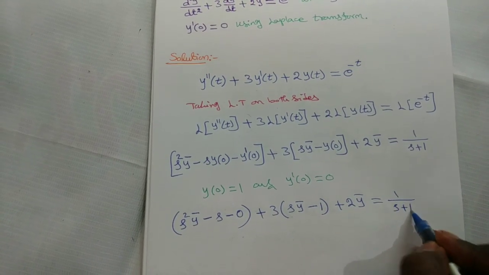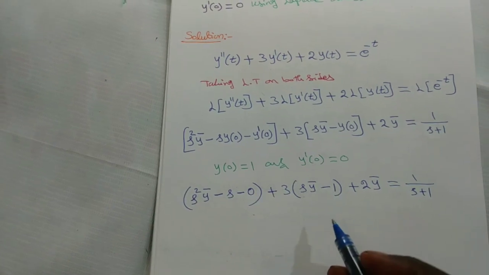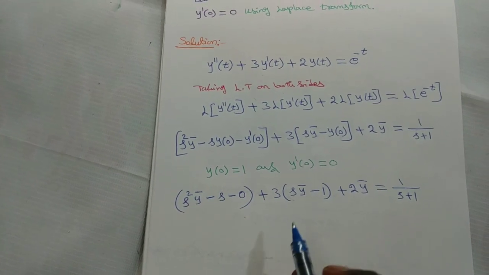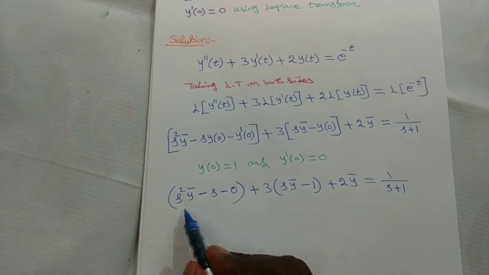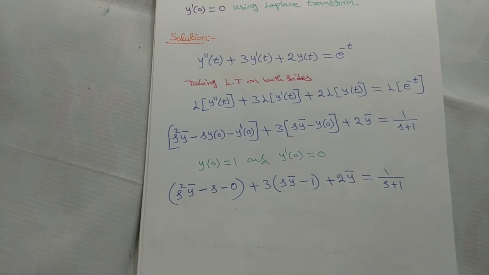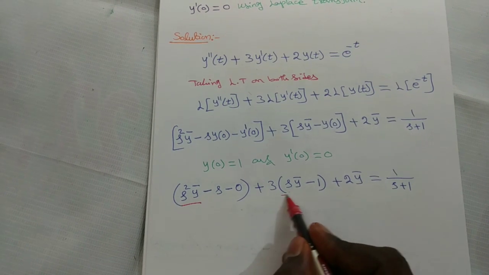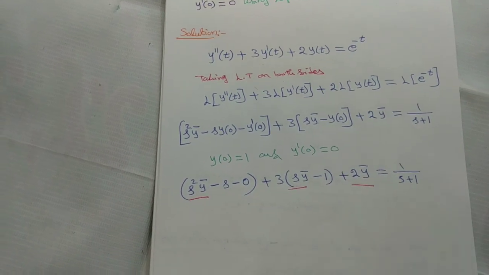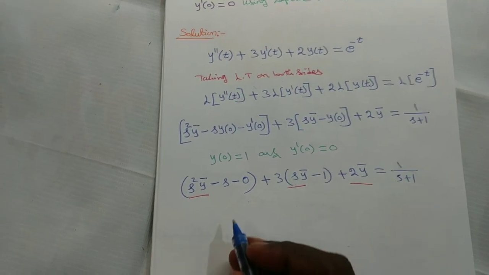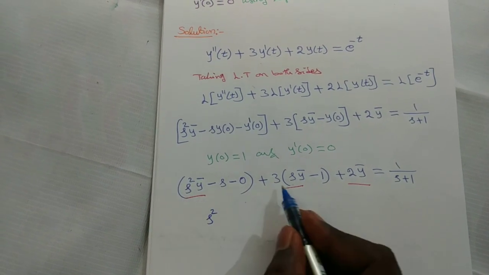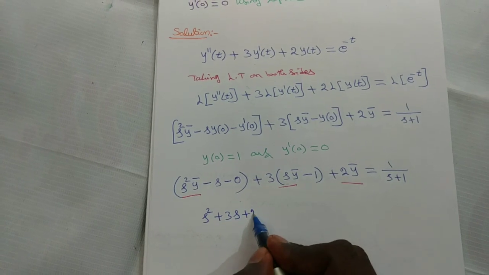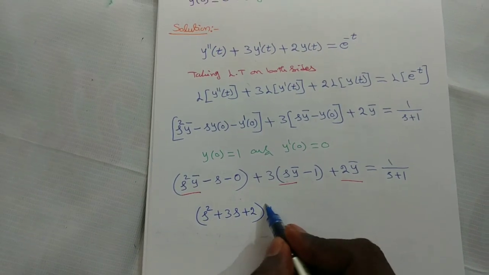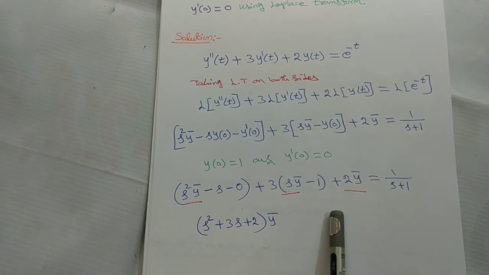Now I want to separate y bar on the left-hand side, taking the other terms to the right-hand side. What are the y bar terms? These are all the y bar terms: this and this. So in the three terms, take y bar outside: (s² + 3s + 2) into y bar. What are the remaining terms?